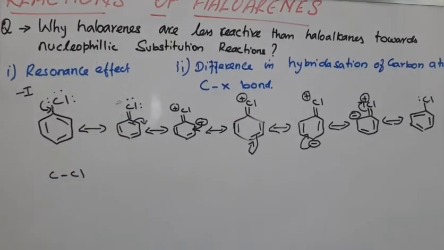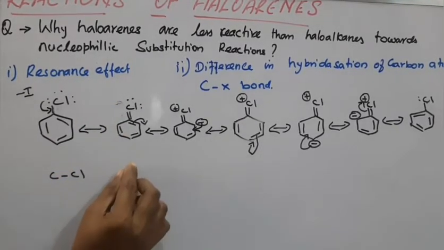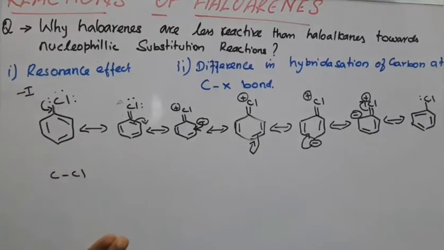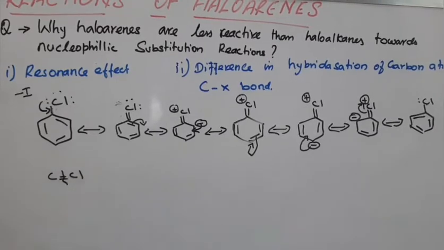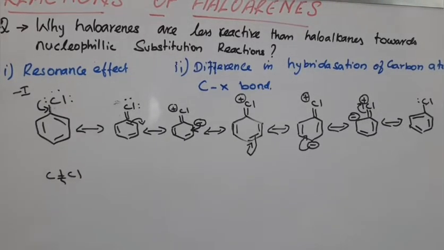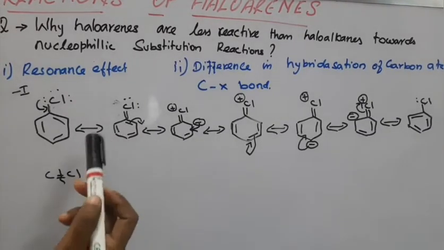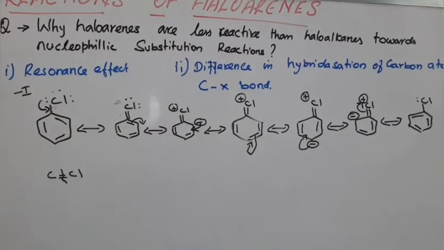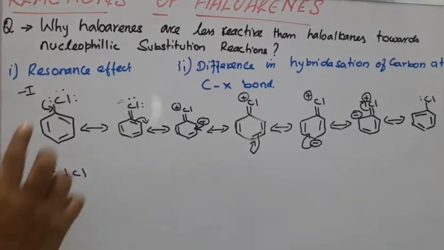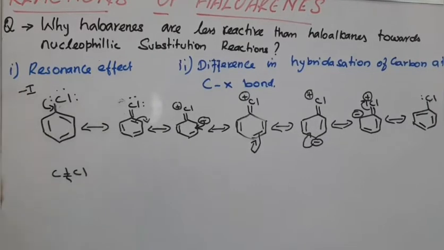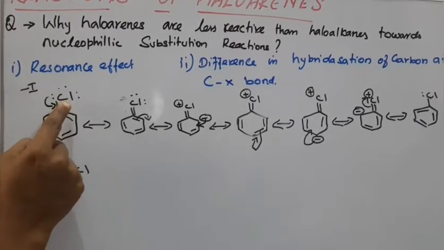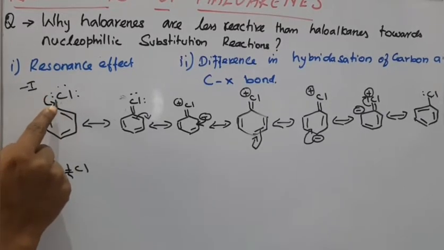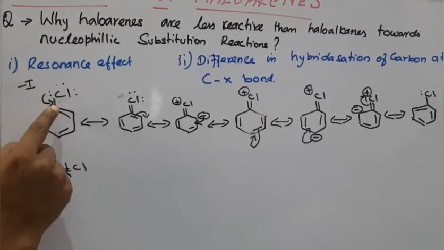A partial double bond cannot be broken easily. The C-Cl bond, being a partial double bond, cannot be broken easily. So compared to haloalkanes, haloarenes are less reactive. This is case number 1. First of all, it undergoes the minus I effect, which means the halogen atom donates a pair of electrons, that is, it is an electron withdrawing group.